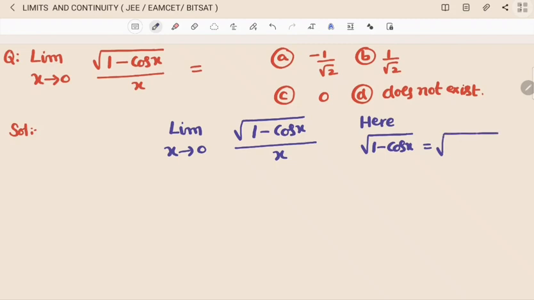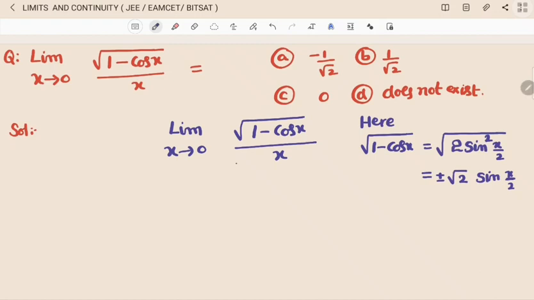So root over sin square x by 2, which is equal to plus or minus root 2 sin x by 2. This is about root 1 minus cos x.